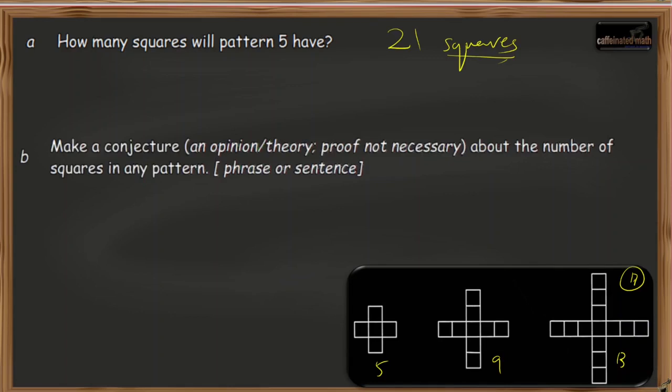So, make a conjecture, an opinion, a theory. No proof required about the number of squares in any pattern. Well, the first pattern has 5 squares.